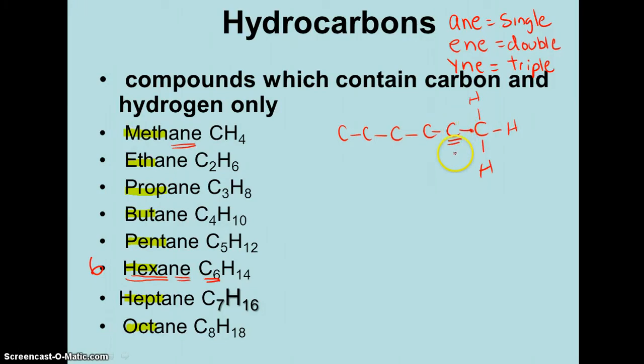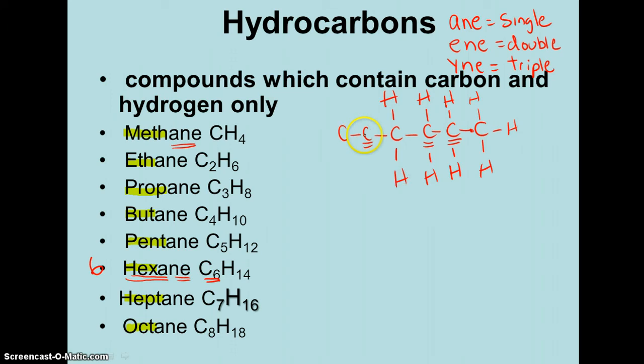I know I can have 4, so that gives me space to add 2 hydrogens. I am just filling it in with hydrogens where there is room. This carbon, 1, 2, attached with carbon bonds going on there, I have room to add 2 more to give me 4.